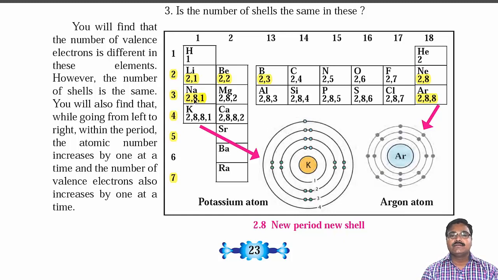Now here you will see as electrons go on adding in the outermost shell, the number of valence electrons changes.